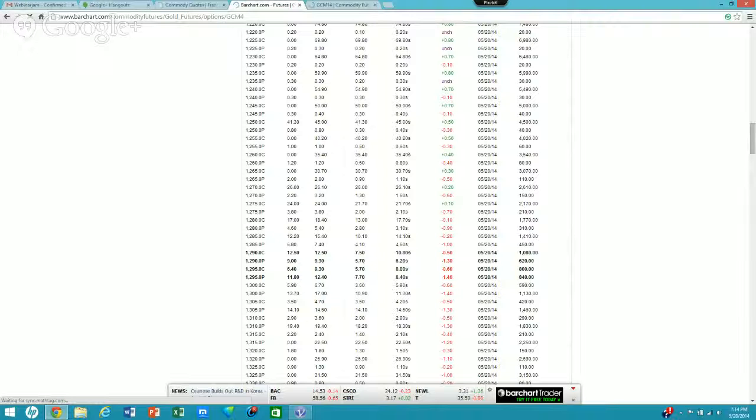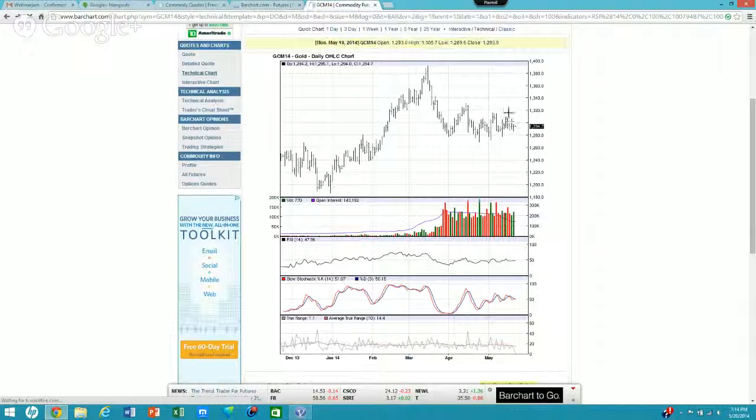Go back to the chart here. The 1315, you're going to be up here, and on the 1275, you're going to be down here. So you're going to be below support, and you're going to be above resistance. And so it is a possibility you could trade that.